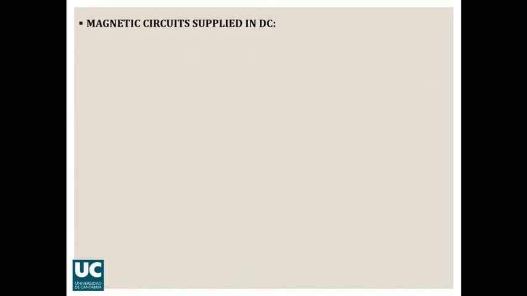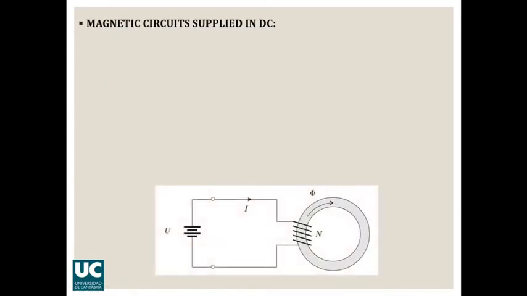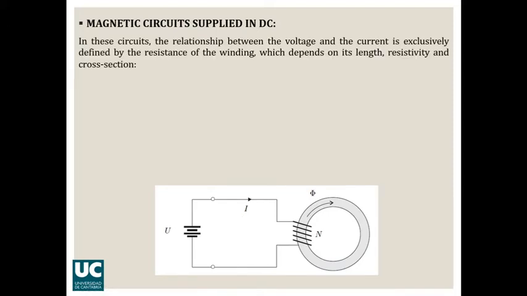On the other hand, when the magnetic circuit is supplied in DC, what you have is that the voltage does not depend on time. So the voltage is constant. And then the current is also going to be constant, and the current does not depend on time. So what you need to do then is, first, the resistance of this electrical circuit here could be obtained as the product of the resistivity of the circuit, its length, and divided by the cross-section.